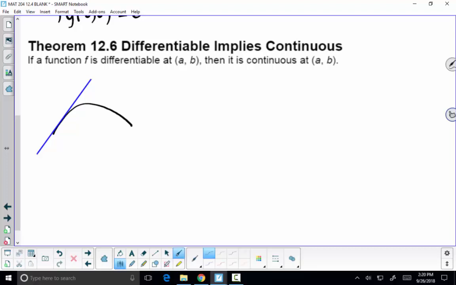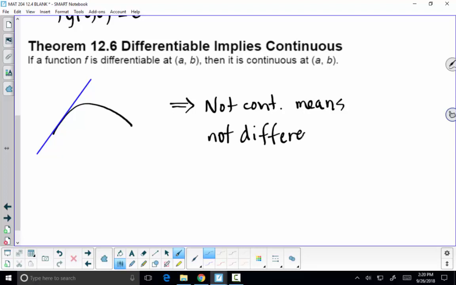And logically, the most important conclusion here is that not continuous means not differentiable. That's called the contrapositive.